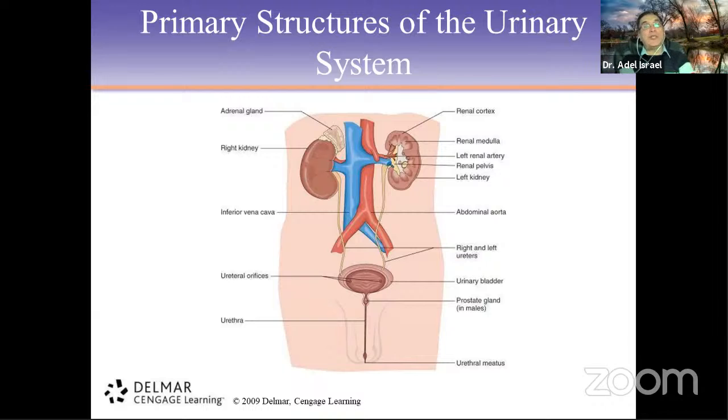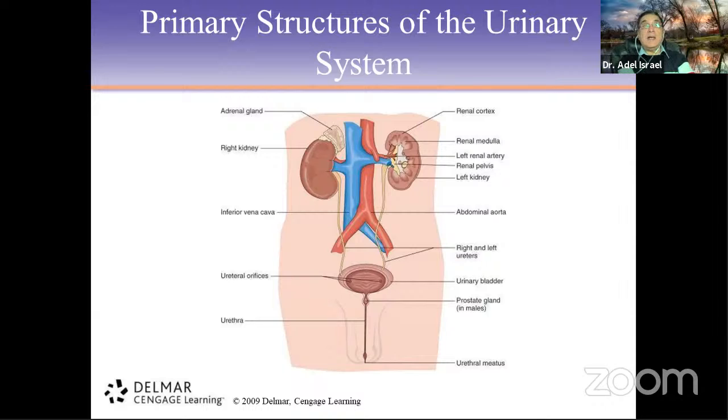It will push the right kidney down. And keep this and link the knowledge together. The right kidney is lower than the left side.